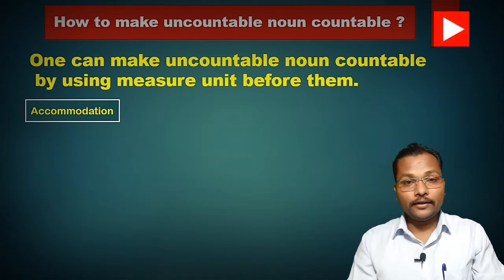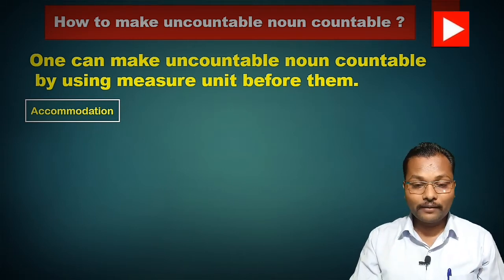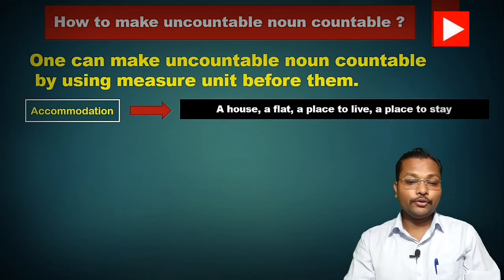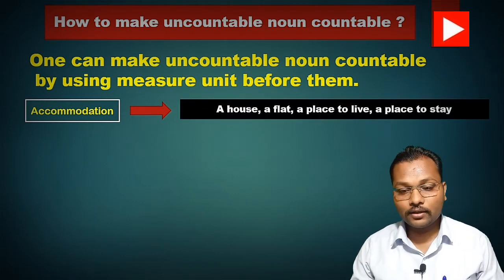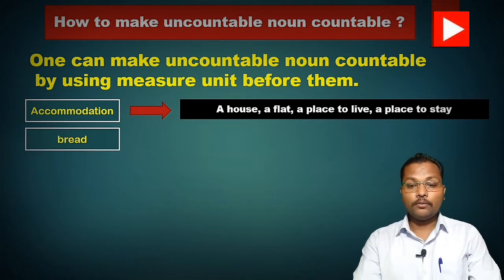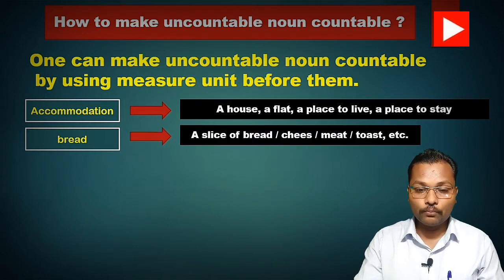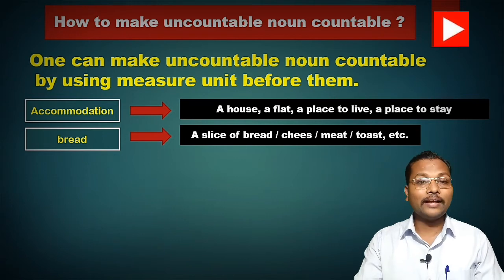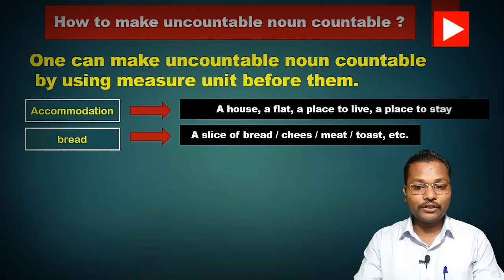We never say one accommodation, two accommodations, or three accommodations, but we can make it countable by using such nouns as a house, a flat, a place to live, a place to stay. Bread is uncountable, but we can say a slice of bread, a slice of cheese, a slice of meat, a slice of toast, etc. A slice can be used for cheese, meat and toast also.